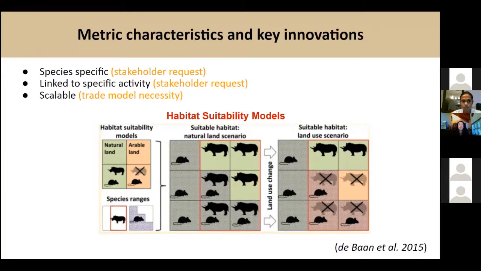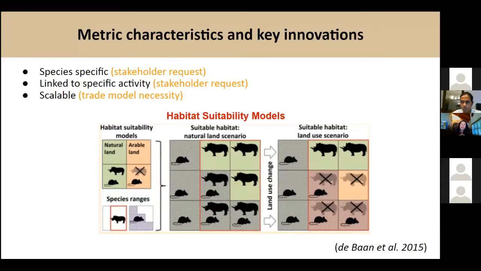And an approach that would allow us to capture these 3 characteristics was the habitat suitability models. The habitat suitability models, in very general terms, are models that allow us to map the habitat in which an individual species is likely present, or the habitat that an individual species prefers.